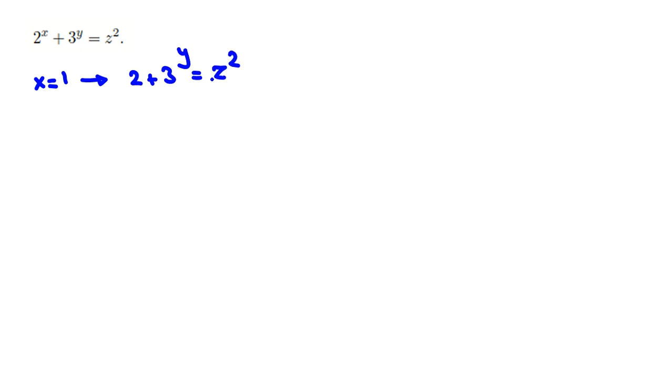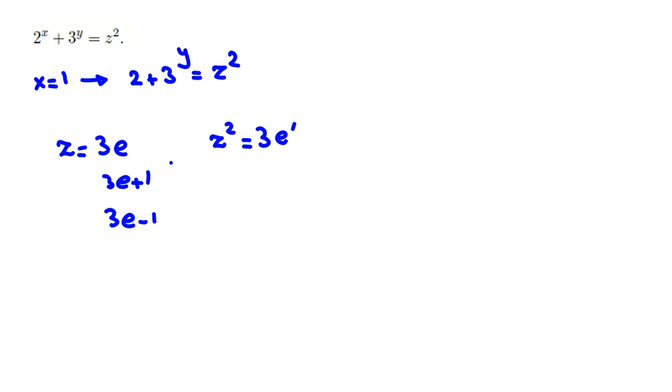Now consider the remainder when divided by 3. z is, for example, 3e or 3e plus 1 or 3e minus 1. If I calculate z squared when divided by 3, it will be 3e prime. It is a multiple of 3 in this case.